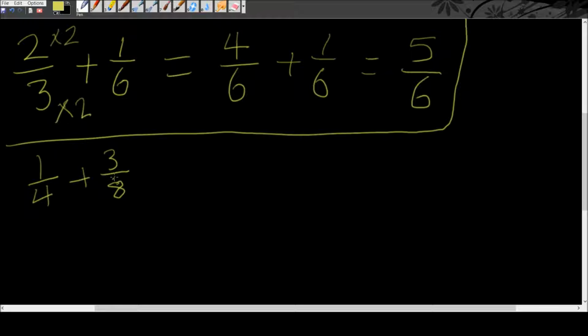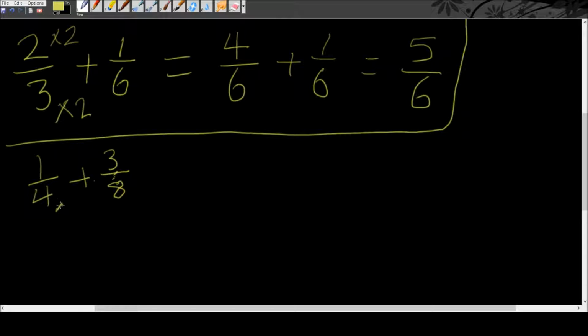Again, we want to make the bottom numbers the same. Since we want to make the bottom numbers the same, we're going to change the fraction that has a smaller denominator. So that is 1/4. We want to make this 4 into an 8. So to make the 4 into an 8, we're going to times that by 2.